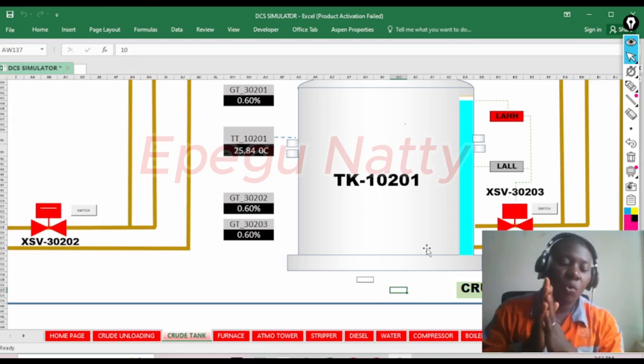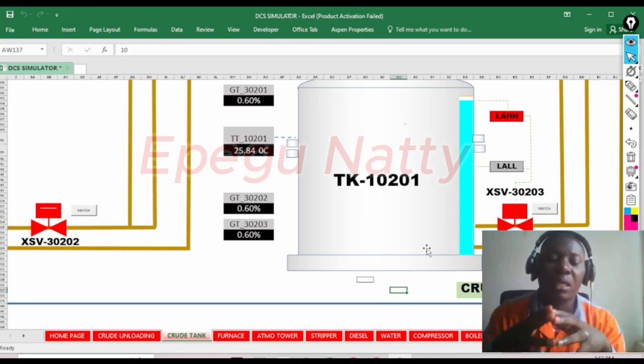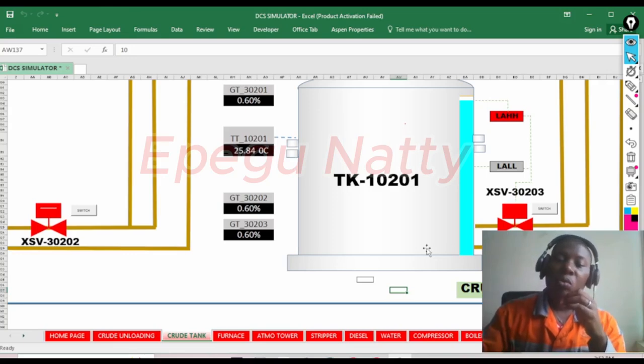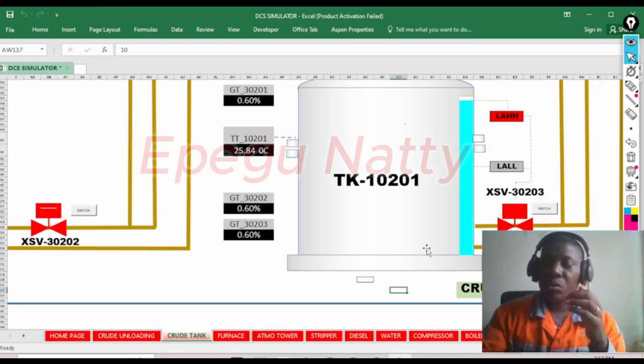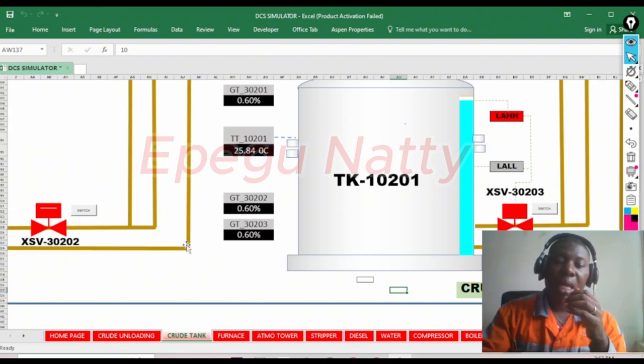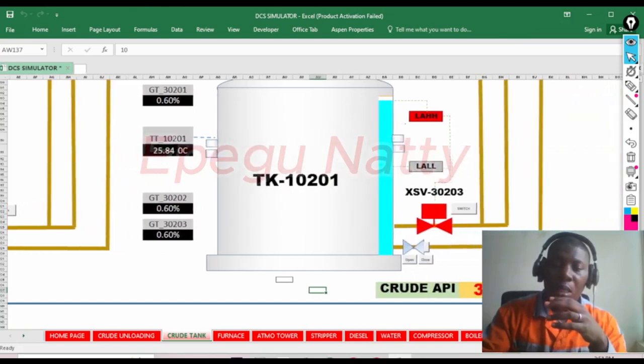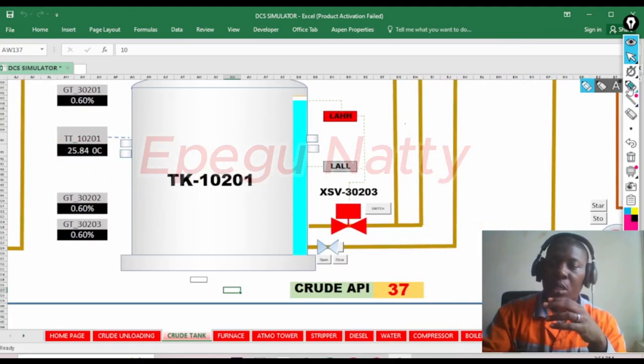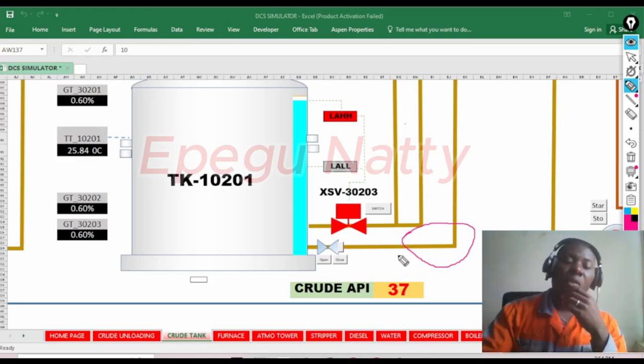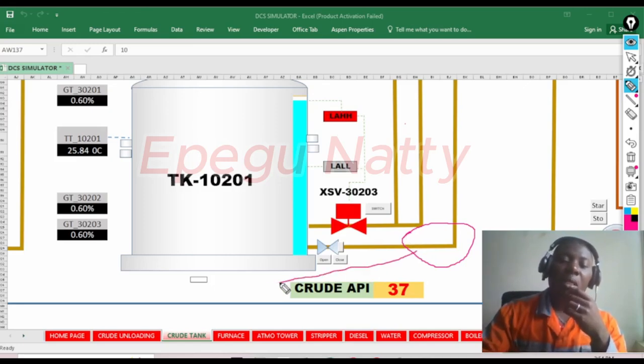All right, so the next example is a line leak. Let's take, for example, we are doing this transfer and there's a line leak somewhere here, and then the crude spills all over this area.